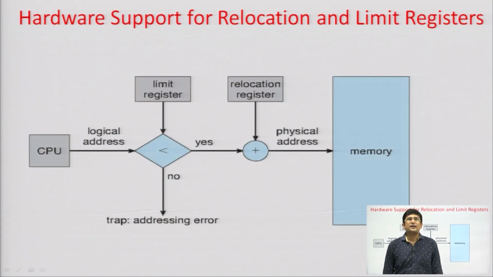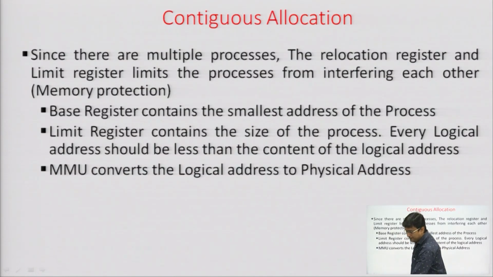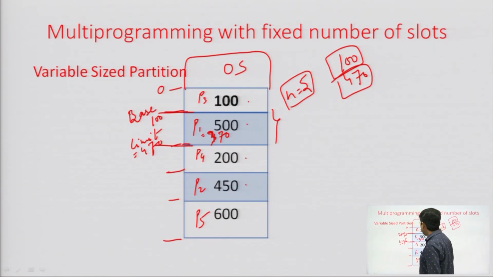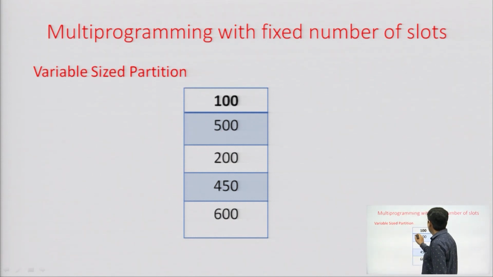Now, this is the diagram that will make you understand what I said just now. A CPU is referencing a logical address. Let us say P is a process. For the P process, let us say the starting address is 100.